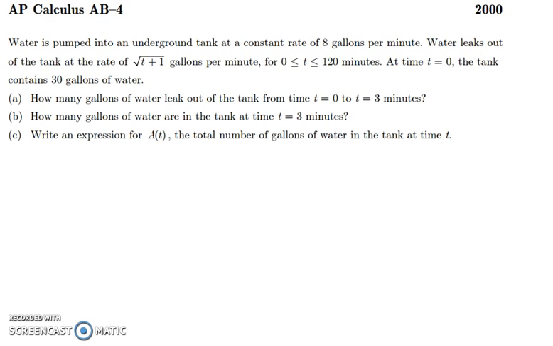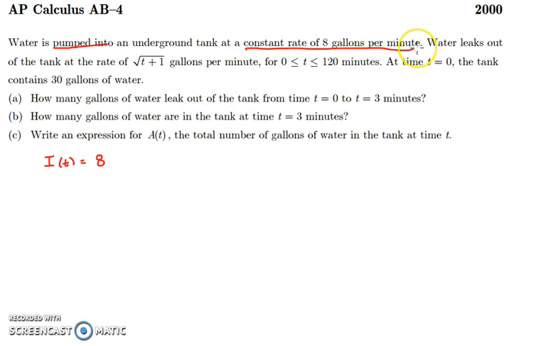There's some important stuff that we need to think about before we even jump into this problem. The first thing is water is pumped into the tank at a constant rate of 8 gallons per minute. That tells us that I of t, the rate at which we are being put in, is 8.